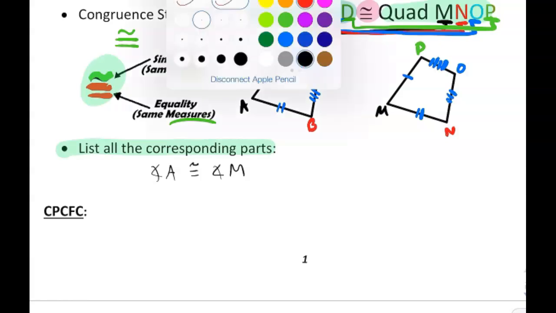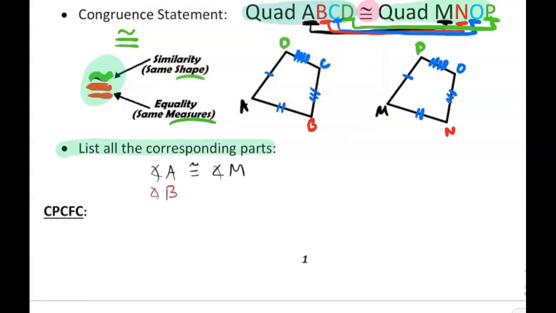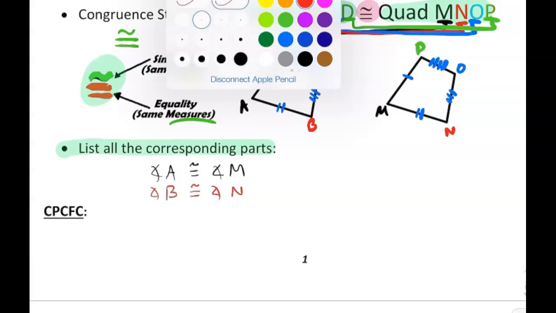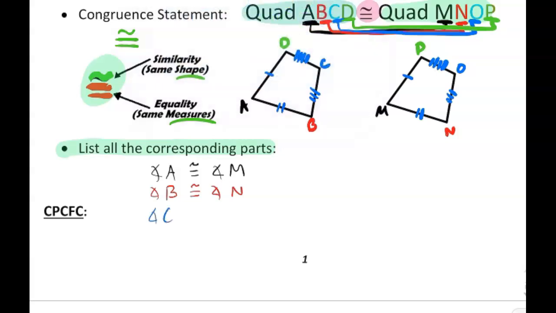And then we have angle B is congruent to angle N. And then we have angle C being congruent to angle O. And you probably guessed it, angle D is congruent to angle P.